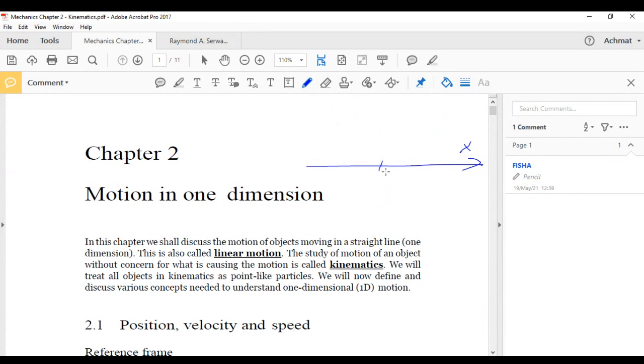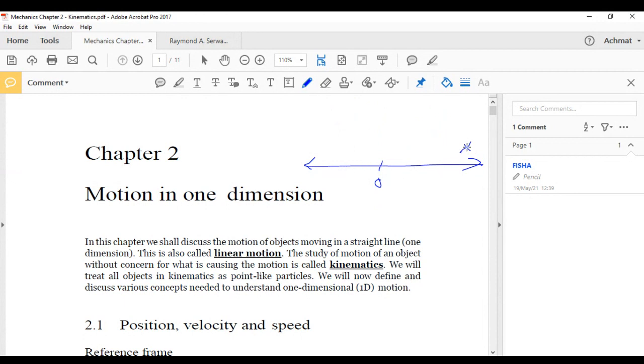If that is your zero position, then you can move forwards with respect to that zero position, or you can move backwards.